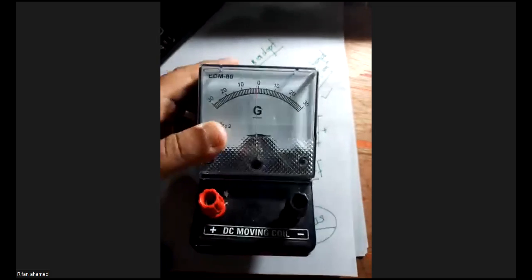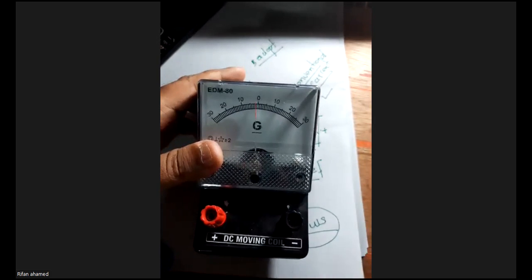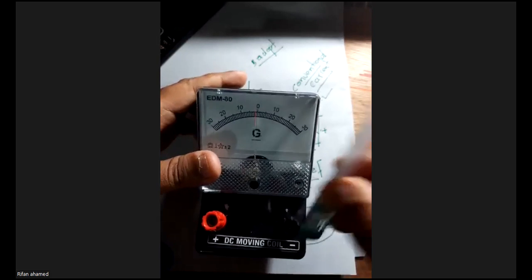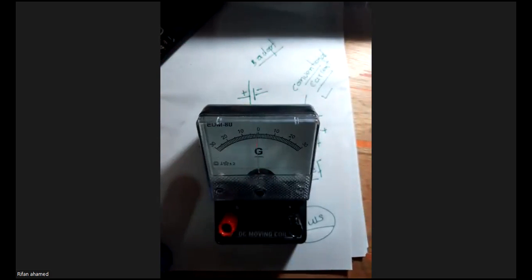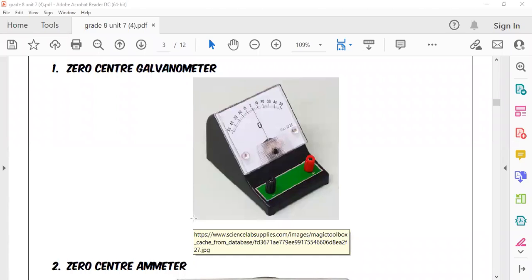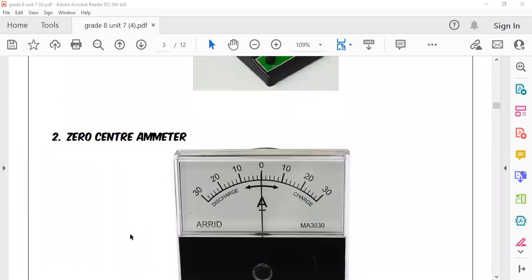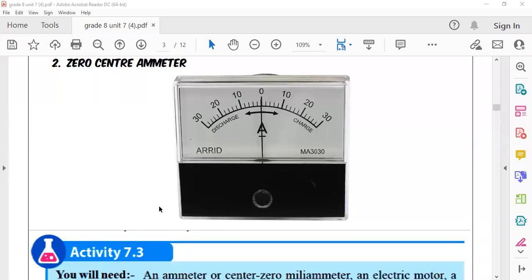So using a zero center galvanometer, you can do two things. One, you can find the direction of the current. Second, you can find the amount of the current. Understood? Second, it is zero center ammeter.